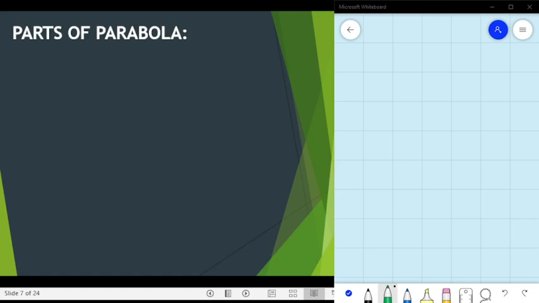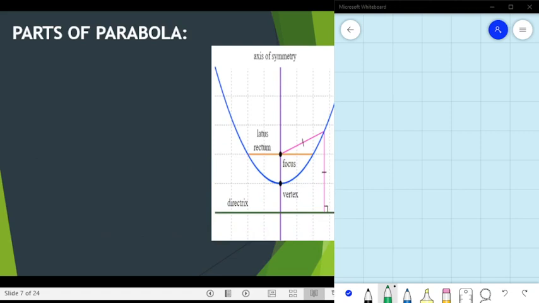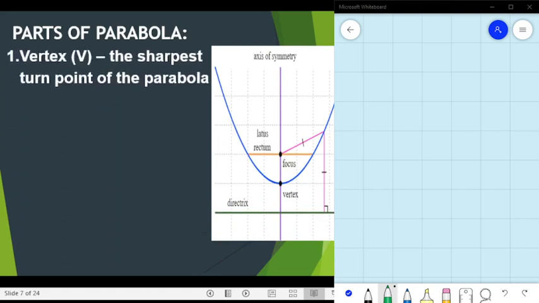Okay, what are the different parts of a parabola? The first one is the vertex. It is the sharpest turn point of the parabola. So, if the parabola is opening upward, then the vertex is the minimum, the lowest point among the points on the parabola.